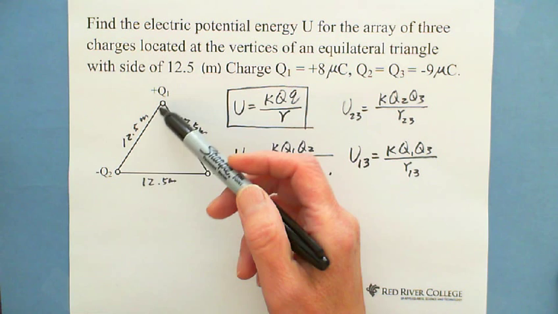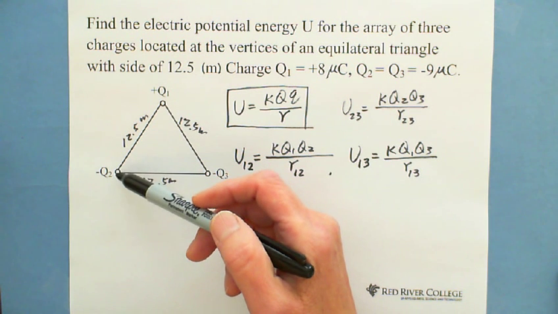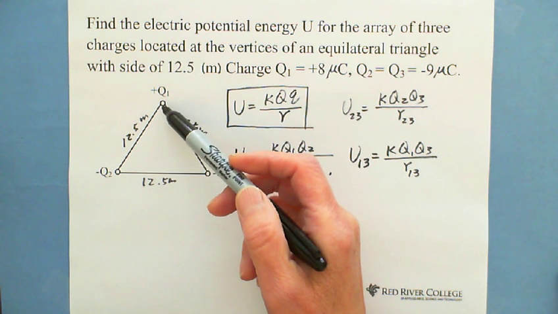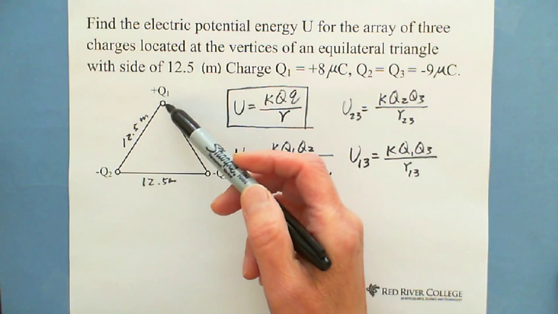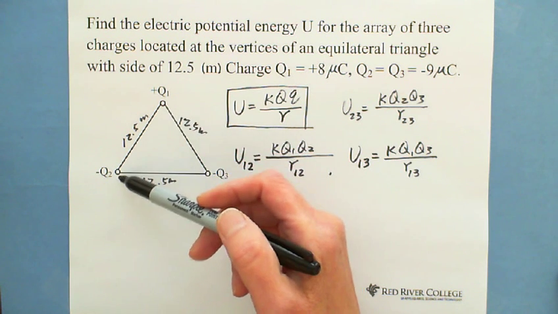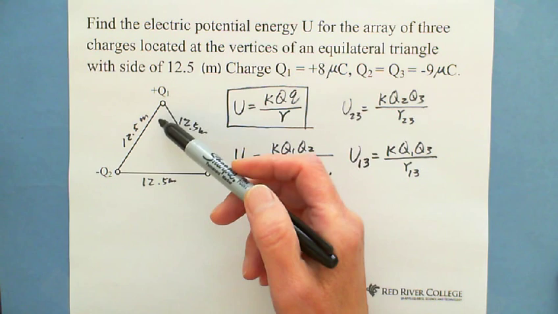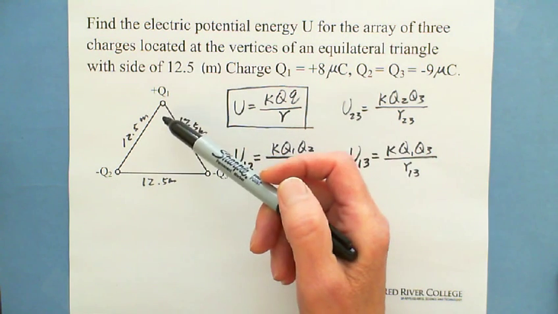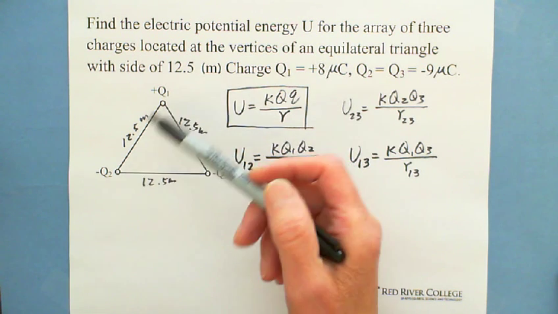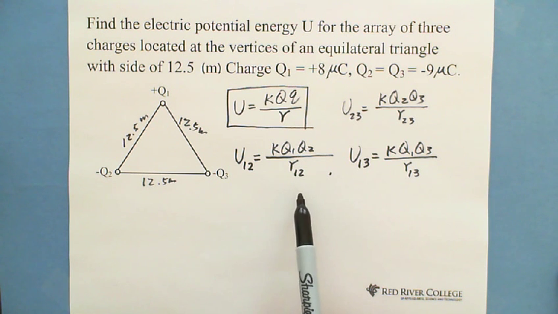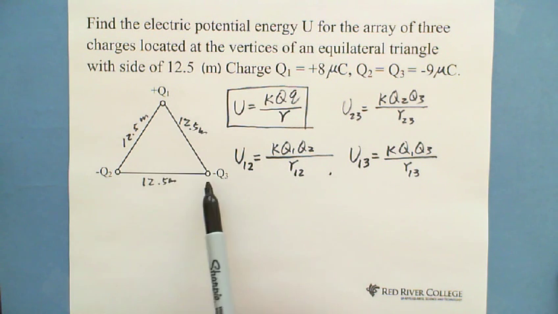Once set up, there's still attraction, but Q2 is fixed and cannot be moved, and we also fix Q1, so they are no longer moving. Even though they have attraction force, because both are fixed they cannot move. That's why they have electric potential energy. Similarly, we can say the same with Q1 and Q3.